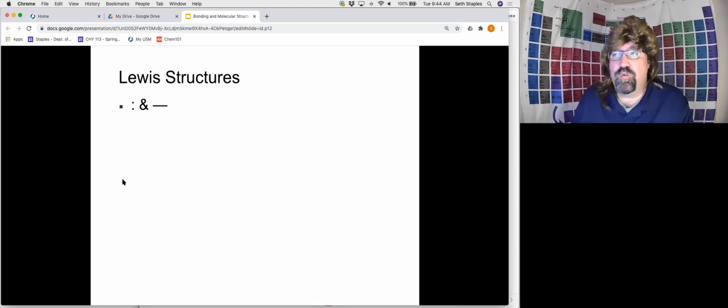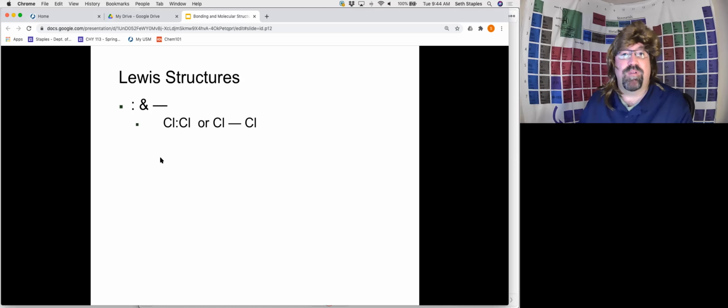Now, as we start to look at the Lewis structures of compounds, we're going to look at how a whole compound is arranged. Two dots signify a chemical bond. You can either write a bond as two dots, which are two electrons forming one bond, or one line. This one line signifies two electrons.